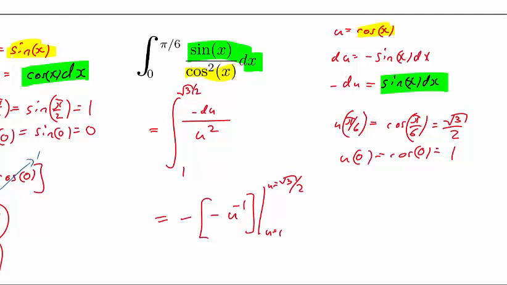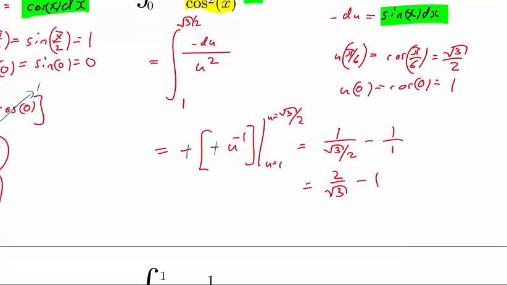Alright, so let's go ahead and work this. Note, negative times a negative, so we don't have to worry about those anymore. And u to the negative 1 is just 1 over u, so it's going to be 1 over root 3 over 2 minus 1 over 1. And that simplifies to 2 over root 3 minus 1.